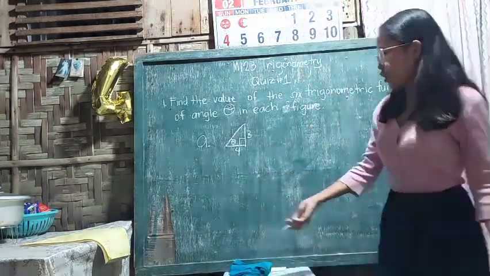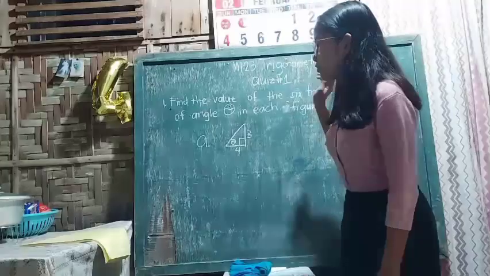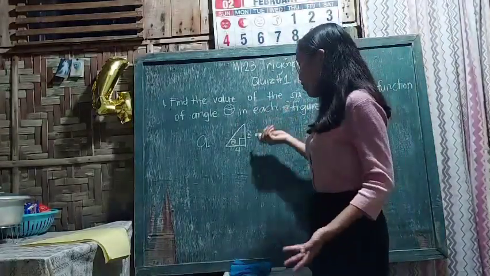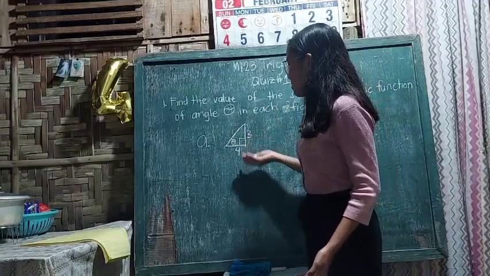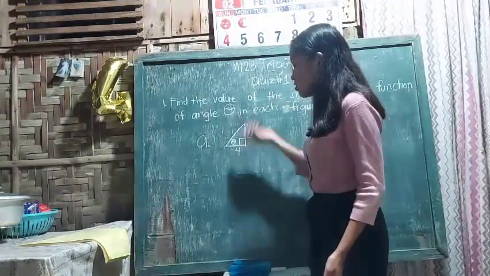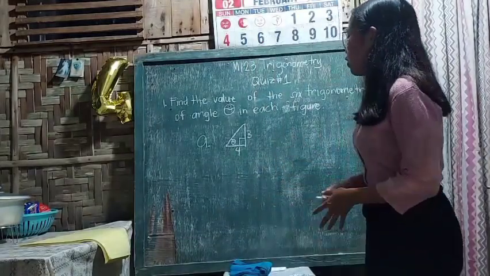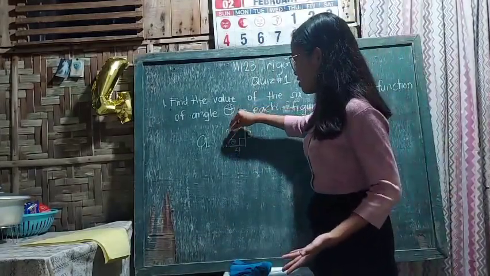So the first figure is a right triangle that has an opposite side which measures 3 and an adjacent side that measures 4. So we are going to look for its hypotenuse side.